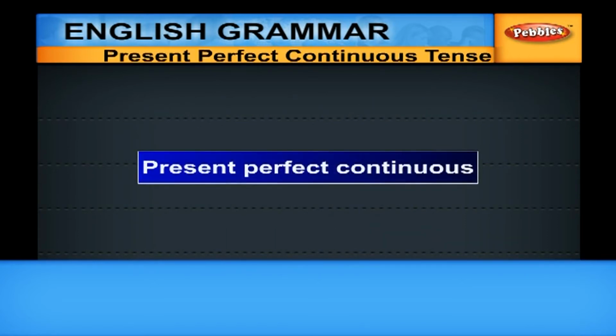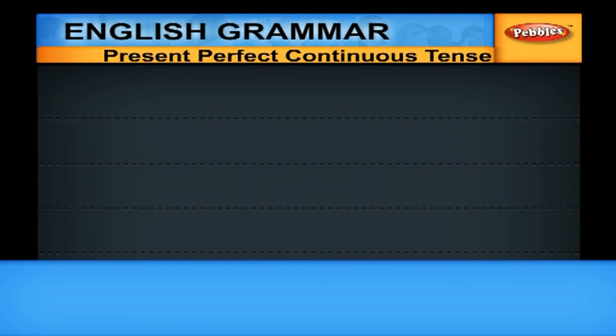Present perfect continuous. As the name indicates, it is a combination of present perfect and continuous. In the present perfect continuous, the main verb that we are going to use is the present participle, that is the VING form.